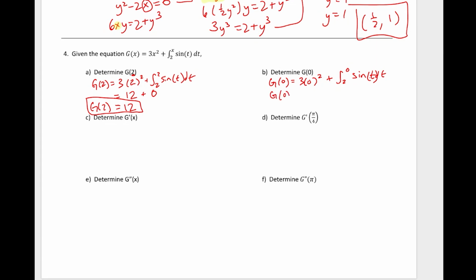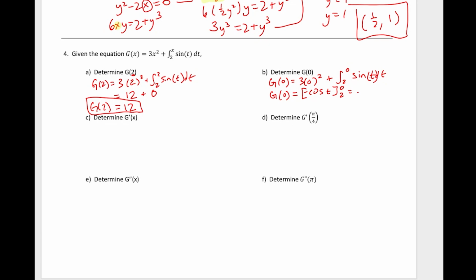So g of 0 is going to be negative cosine from 2 to 0. Now notice that the endpoints on that integral are backwards, right? 2 is the bigger number. But we're not going to worry about trying to flip those in this case because the fundamental theorem will just sort of take care of this for us.